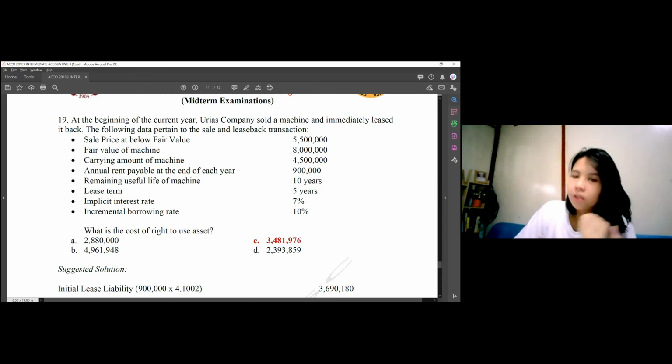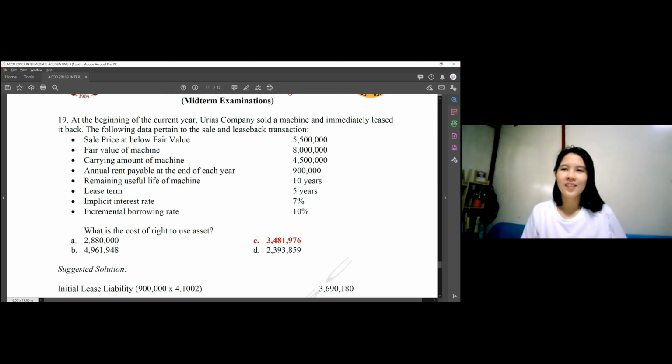So, remember, di ba, ang right of use asset na mare-retain ni seller lessee ay based sa carrying amount. Pero, kuhanin lang natin yung part doon na attributable dun sa lease. Okay? I hope the concept is well discussed by me or well understood by you.